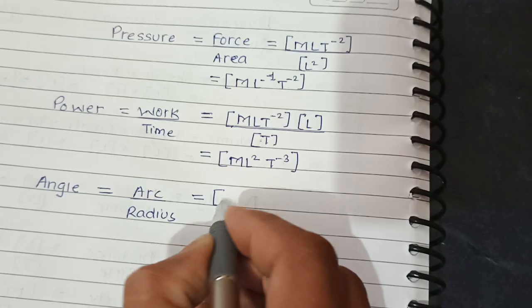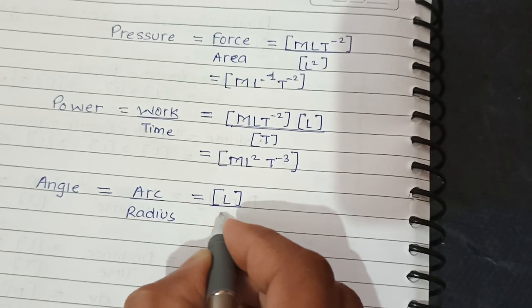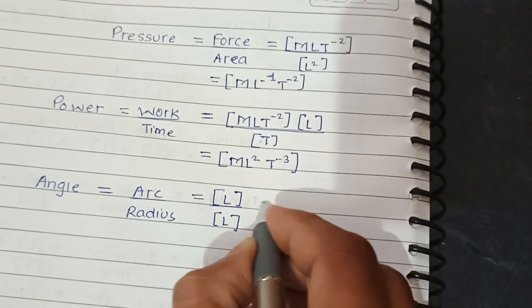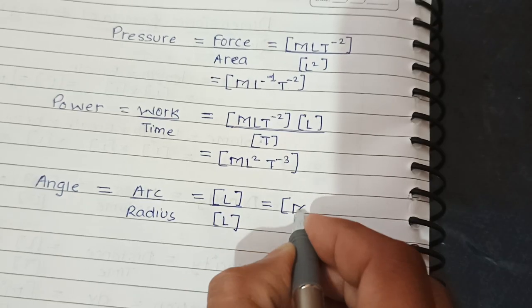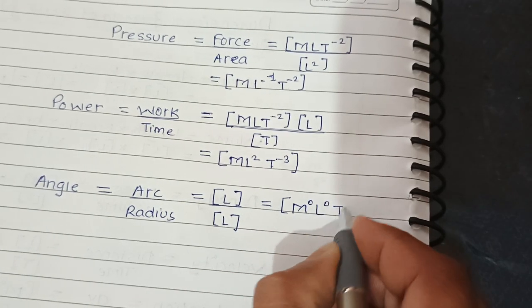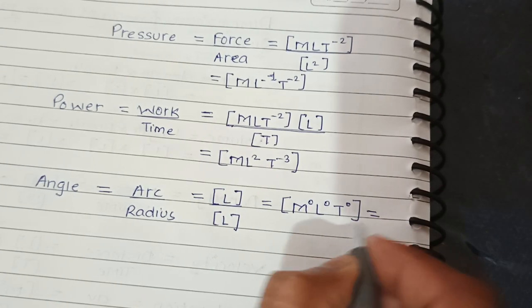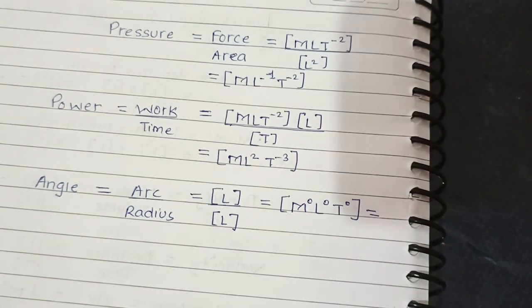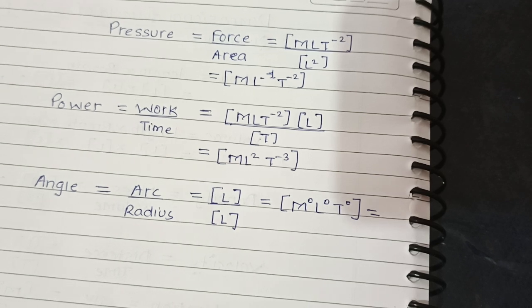So arc is also L and radius is also L. So that is M to the power 0, L to the power 0, T to the power 0. So this is dimensionless.